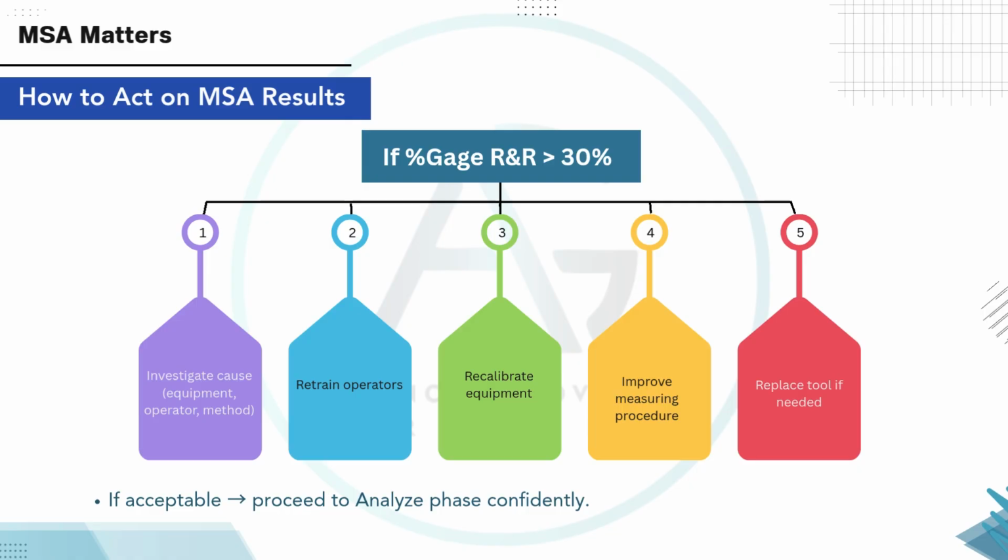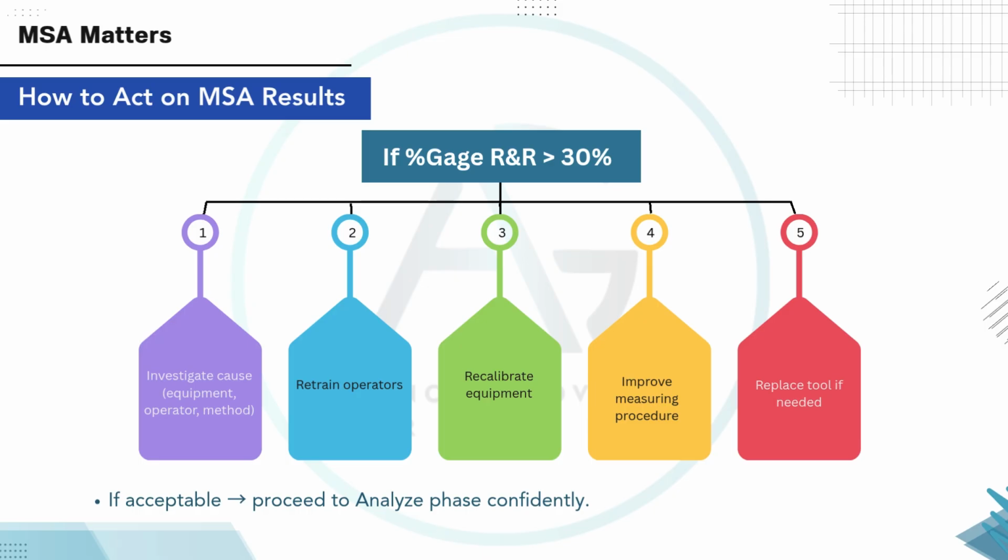Always check if the measuring tools are properly calibrated. 4. Improve the measuring procedure. Standardizing the method and ensuring it's well documented can help minimize inconsistencies. 5. Replace the tool if needed. If the equipment itself is inherently flawed or outdated, replacement may be necessary for accurate measurements.